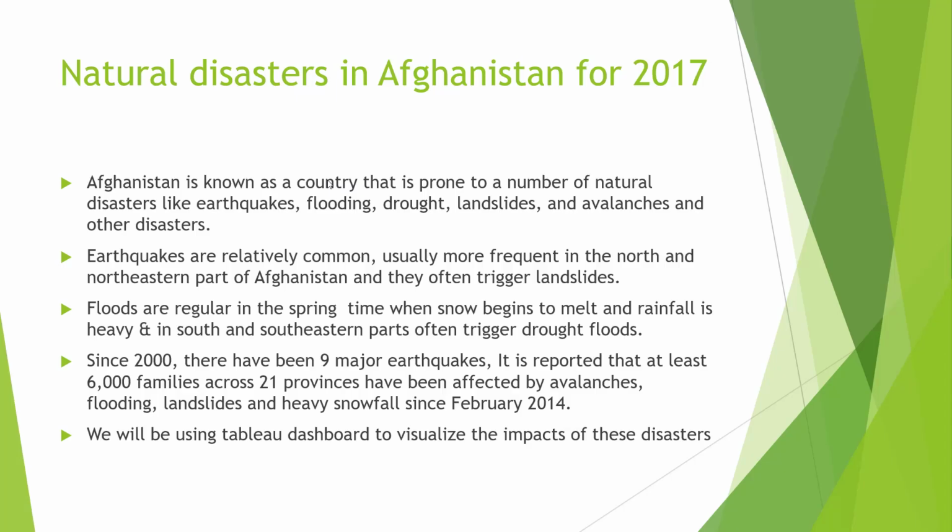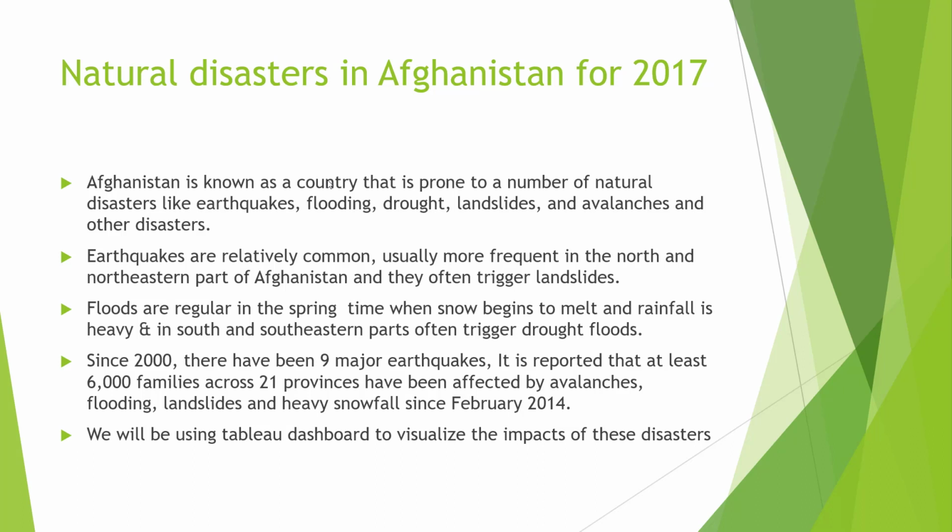Thank you, Subhas, for that amazing presentation. Now, some of the other cases that we looked into was the natural disasters in Afghanistan for 2017. So basically, we looked into the various environmental hazards in Afghanistan, like earthquake, flooding, drought, landslide, and avalanches.